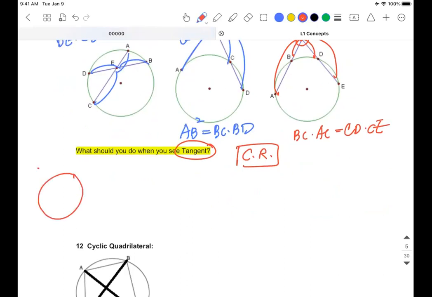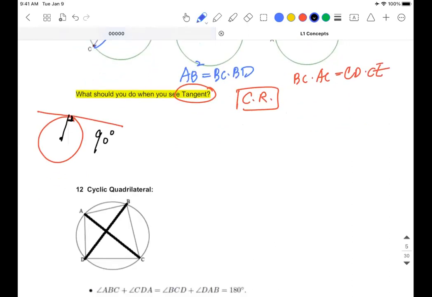As long as you see a line tangent to a circle, you're going to make an auxiliary line from the center of the circle to the tangent foot, because automatically you're going to have a perpendicular 90 degrees. Which is extremely important.